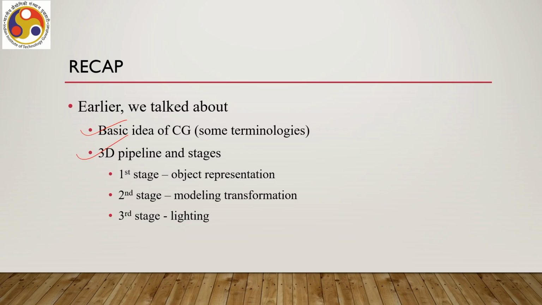Also, so far we have covered 3 of those stages, namely the first stage, object representation, the second stage, modeling transformation, and the third stage, lighting calculation, or calculation of intensities at the pixel positions.